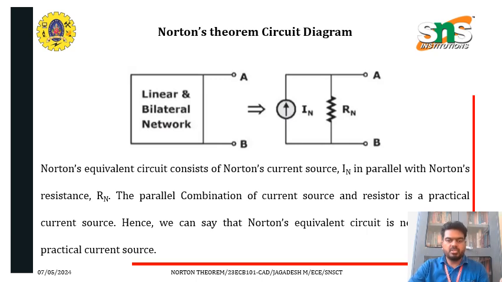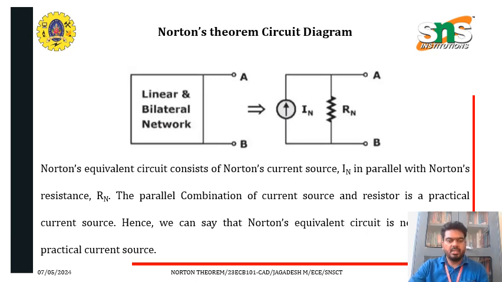That current source is called the Norton current, that is IN, and the resistance is called the Norton resistance, that is RN. Sometimes this RN is called R Thevenin, RTH, or R equivalent, and this Norton current is also called the short circuit current, that is ISH.